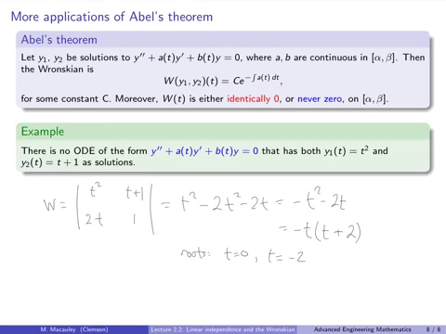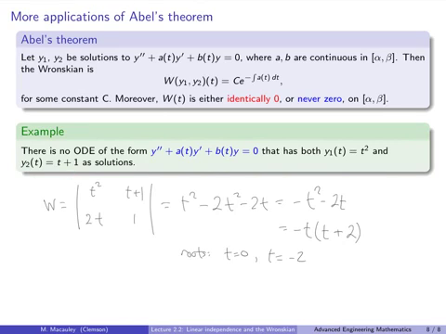Now what's the problem? The Wronskian is either identically 0 or it's never 0 on any fixed interval. And if this equation has both of these things as solutions, it's going to be defined everywhere.